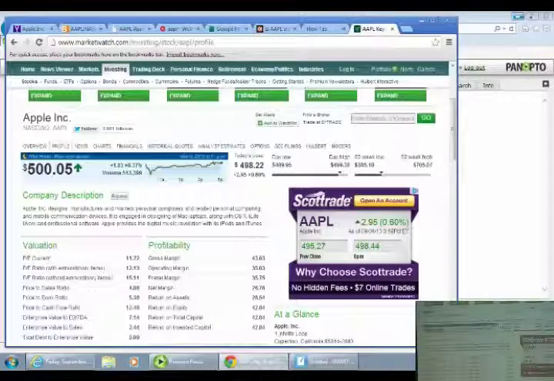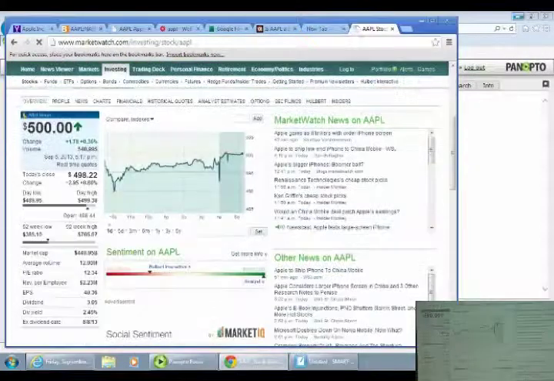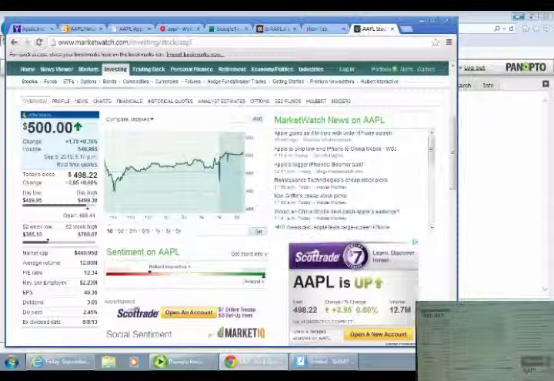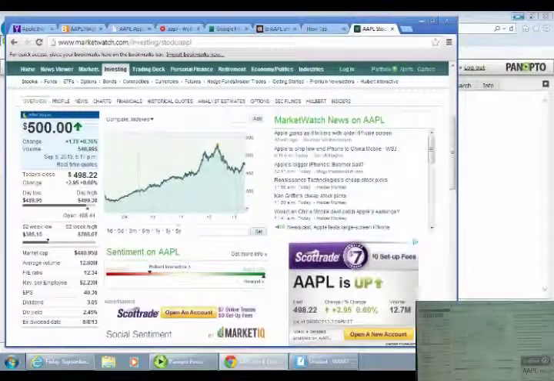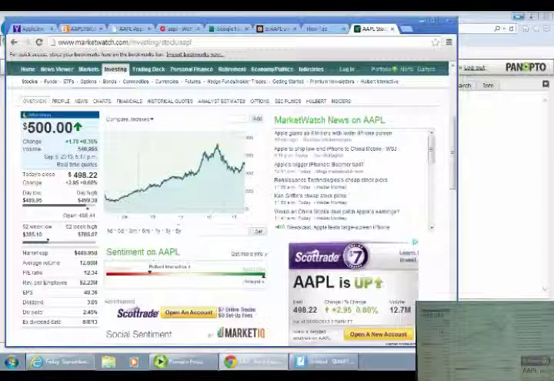Another one that I highly, highly recommend is MarketWatch. MarketWatch is a very quick way to do a report. If you look at the overview, all of these buttons up on top, you get the stock price, and you can look over different time periods. You can see where the sentiment is. Basically, right now, it looks fairly negative, fairly bearish. Let me highlight that right there. So you see this here.